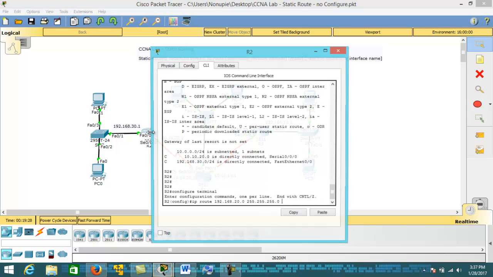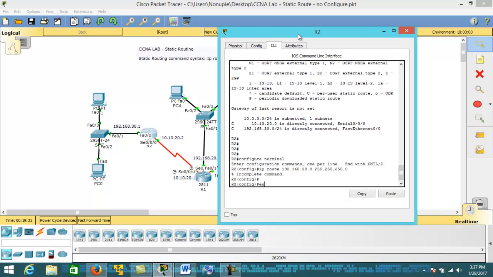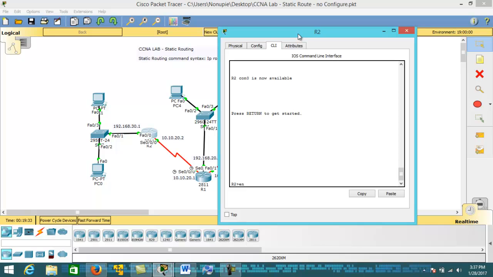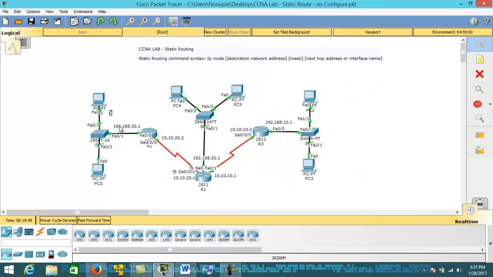Let's take the routing table for this scenario. Enable, show ip route. You can see that it only knows about the directly connected networks, that is the 20.0 network and the 30.0 network.